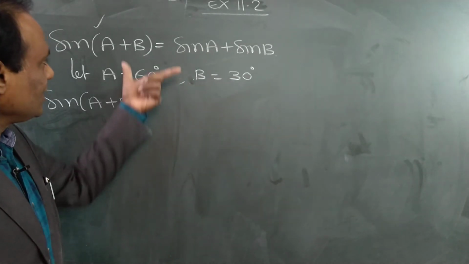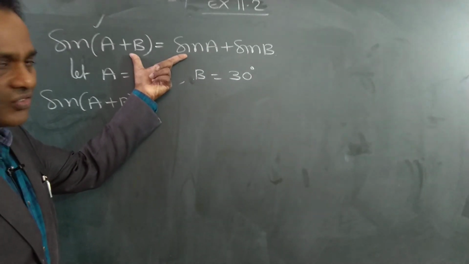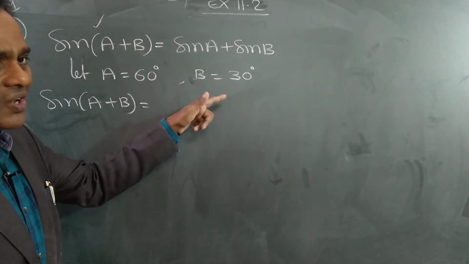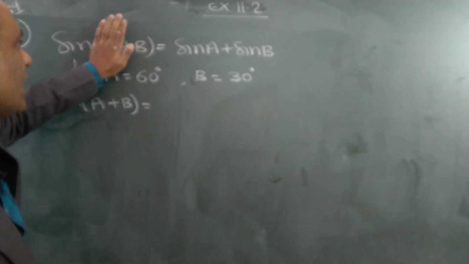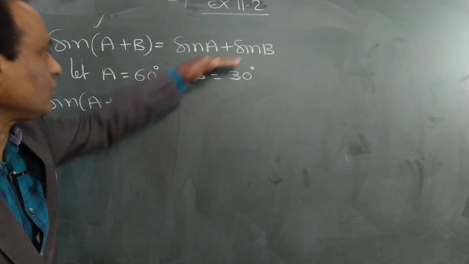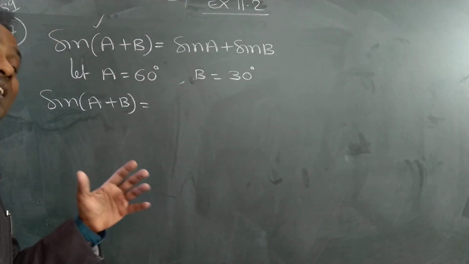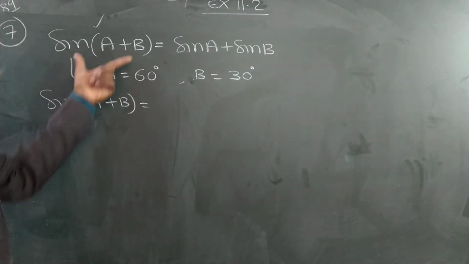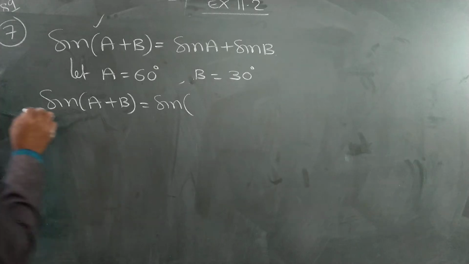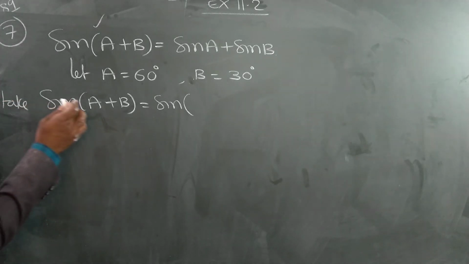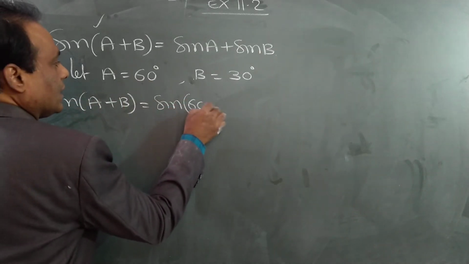We have to tell, is it right or wrong. If it is right, both should be equal, no? So I am taking A equal to 60, B equal to 30. I will find this value, and I will also find the other value. Let us see whether we get the same answer or not. So I am taking the left side. A, I took as 60.